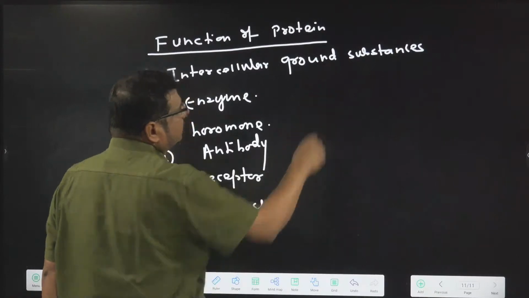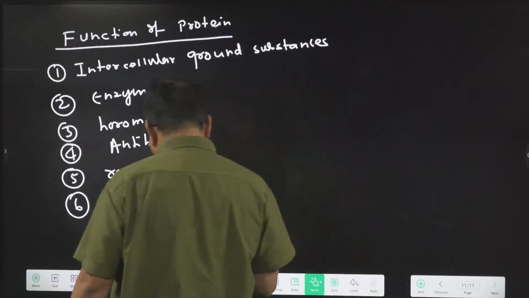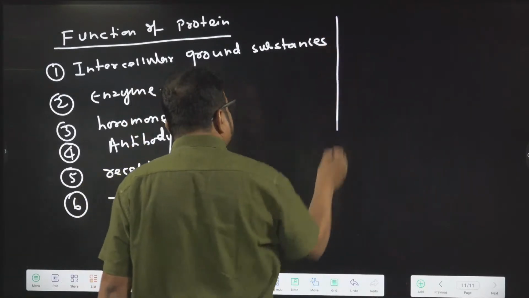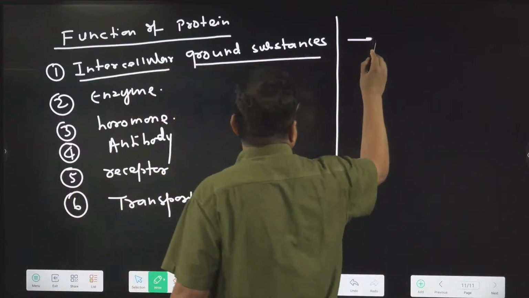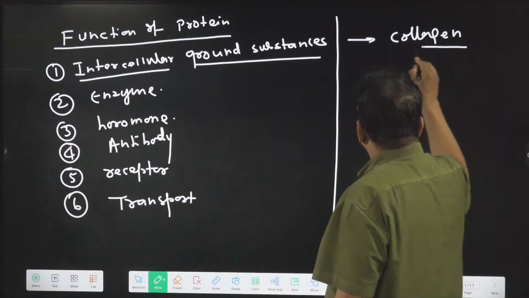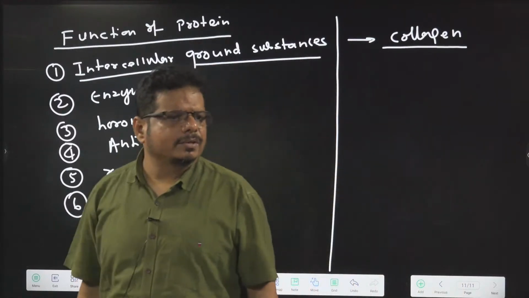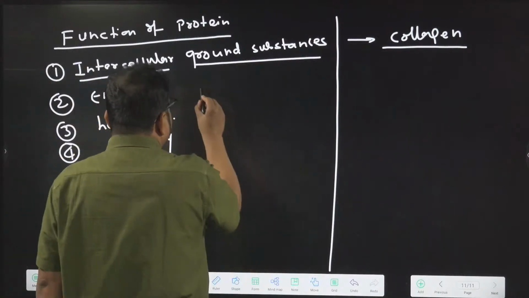So these are the variety of roles in our body performed by protein. Tell me the examples. Intercellular ground substances are formed by which protein? Collagen. Collagen is a protein that forms intercellular ground substances.